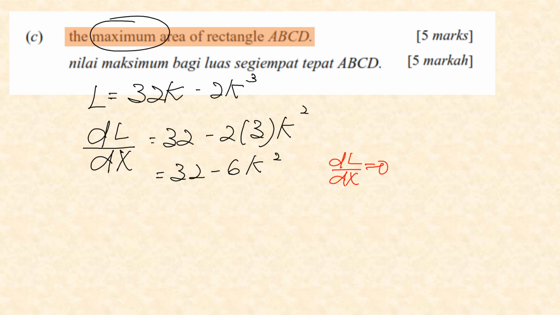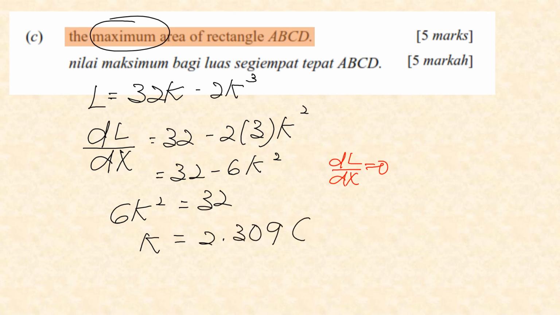Your equation will turn into 6K squared equals 32. By solving this, you should get K equals, get your calculator, 32 divided by 6, then get the square root. So you get it as 2.309. Still remember, our final answer should be in 4 significant figures.